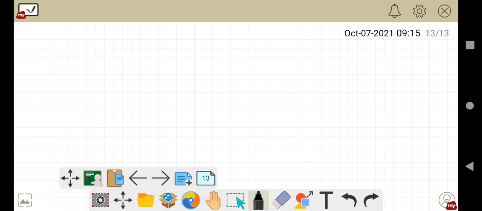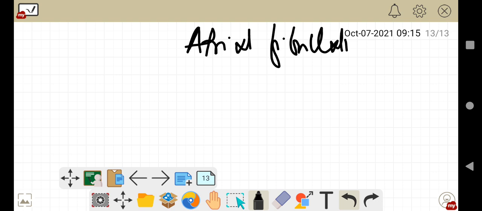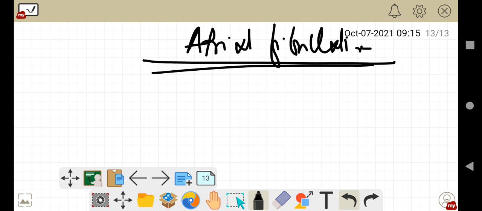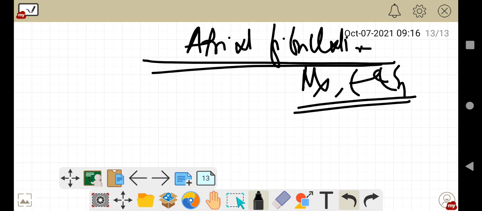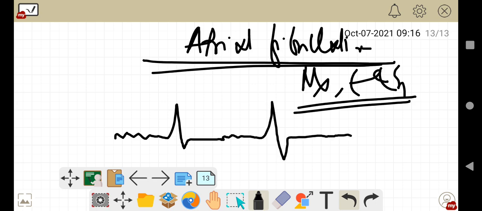Now I will talk about a few other ECG conditions that are repeated. One of them is atrial fibrillation. As I can see in my list, this is the management ECG. This is important, right? Atrial fibrillation is like this. As you can see, there is no particular P wave here.